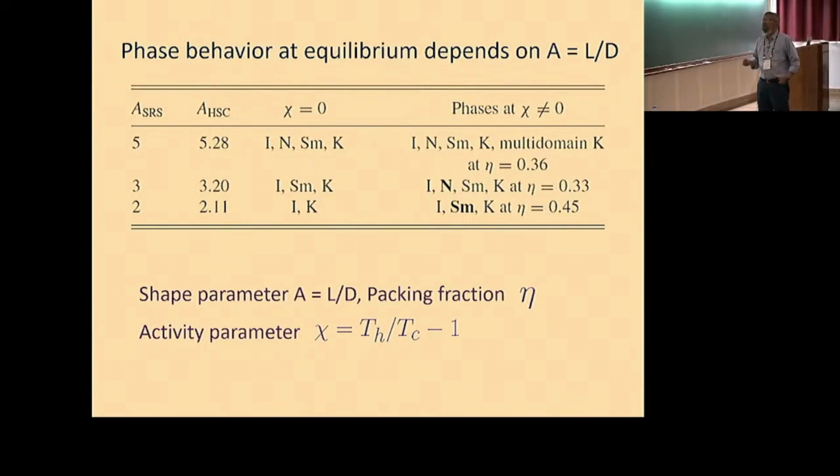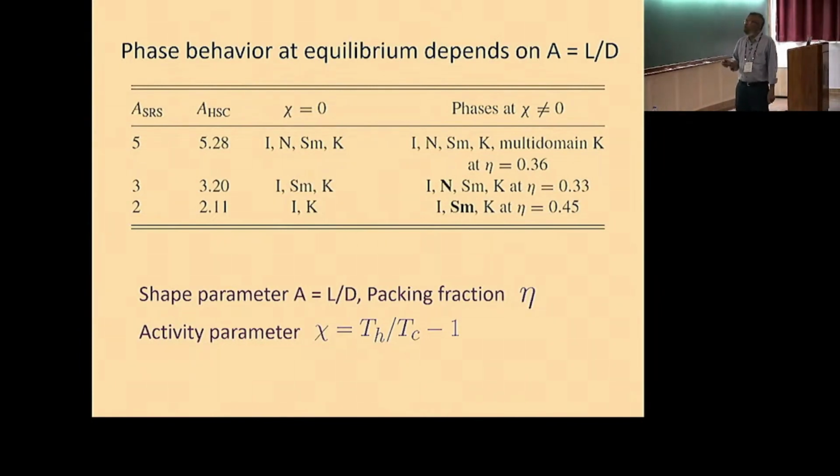But people have studied this extensively many years ago for different values of the ratio L over D. And one finds that for a ratio of 3, in simulations one finds only these three phases. So the nematic phase is missing here. And if I make the anisotropy even smaller, then only the isotropic and the crystalline phases are there. All the liquid crystal mesophases in between are not present when the anisotropy, or the ratio of these two distances, is small.